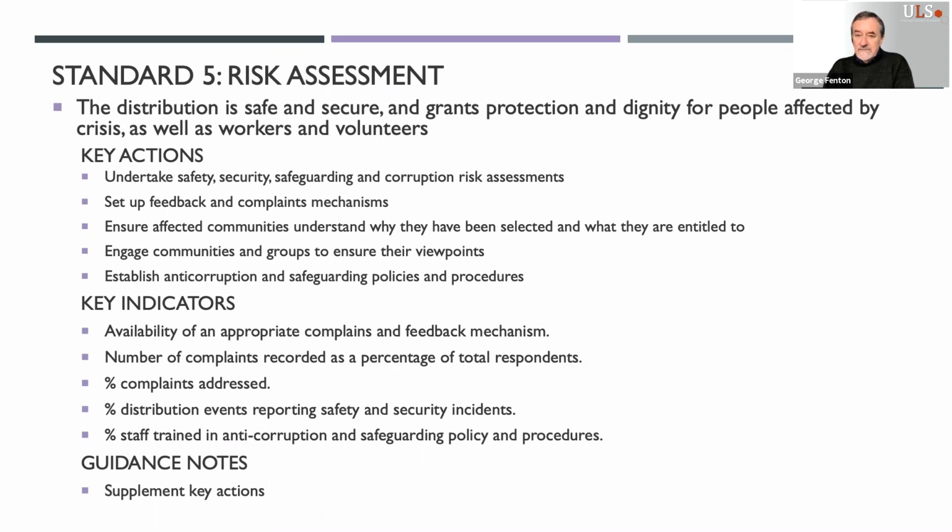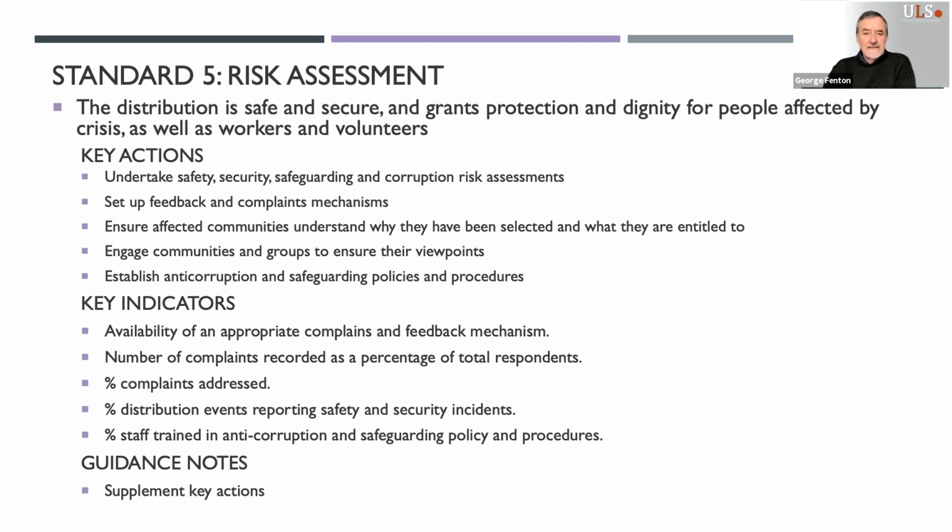In doing so, this will reduce the risks that may be created, enable appropriate services, improve the intervention quality, and establish good accountability. It's good to establish anti-corruption and safeguarding policies and procedures, including a staff code of conduct, ensuring that all staff are trained on these policies and understand them.